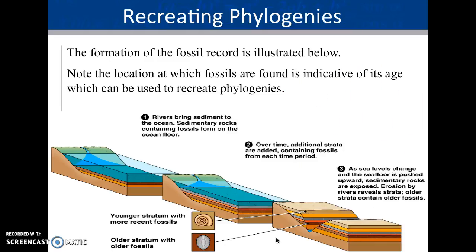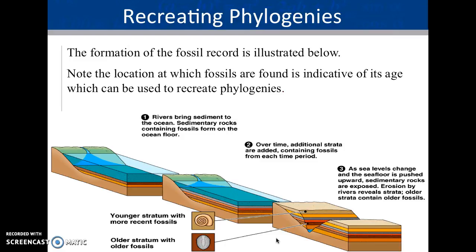When we talk about recreating phylogenies or getting the information we need for a phylogenetic tree, the fossil record is one of the key components allowing us to determine the time length as well as the common ancestors. Basically, what we do is we look at the layer in which a fossil is found in relation to the other fossils around it.